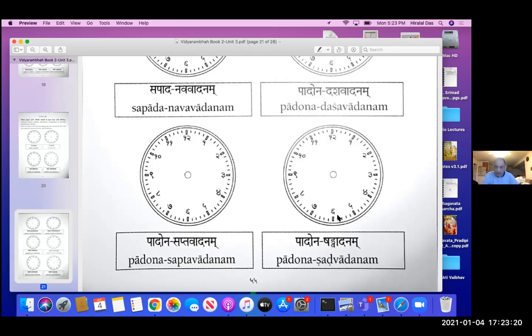So it should be somewhere between 5 and 6, but closer to 6. So it's 5:45, you would have to say. When you say 7, then it would be 6:45. We are looking for Padon sadvadanam, so 15 minutes less than 6 o'clock. So the short hand should be just before 6, and the long hand, you said it right, at 45.